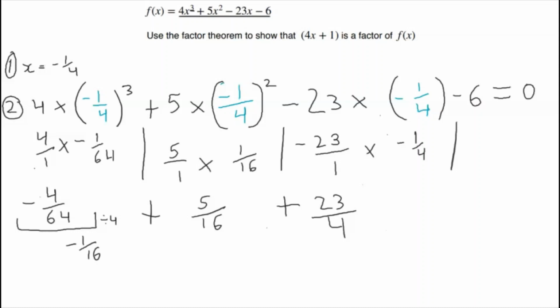So, oh, God damn it. So I'm just going to erase this real quick and just make some more space. So now we can add these, so plus 5 minus 1, that would just be 4 over 16 again.